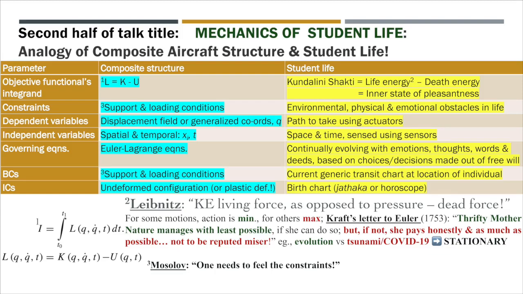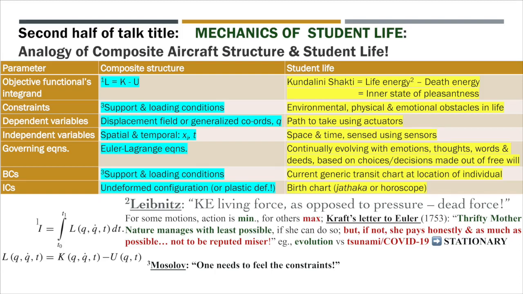And it's this difference between life energy and death energy, how much more is the life energy compared to the death energy, which is what determines your inner state of pleasantness. So whereas we might be minimizing the Lagrangian over here, we would be maximizing the difference between life energy and death energy over here, the inner state of pleasantness, which we call the Kundalini Shakti.